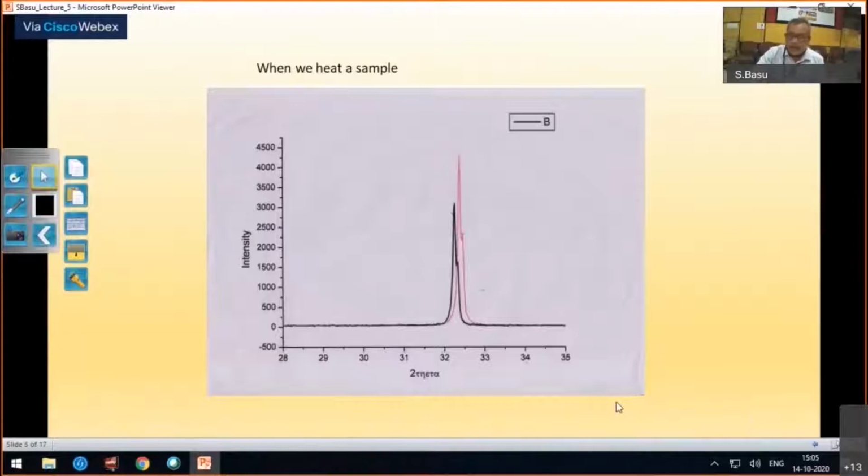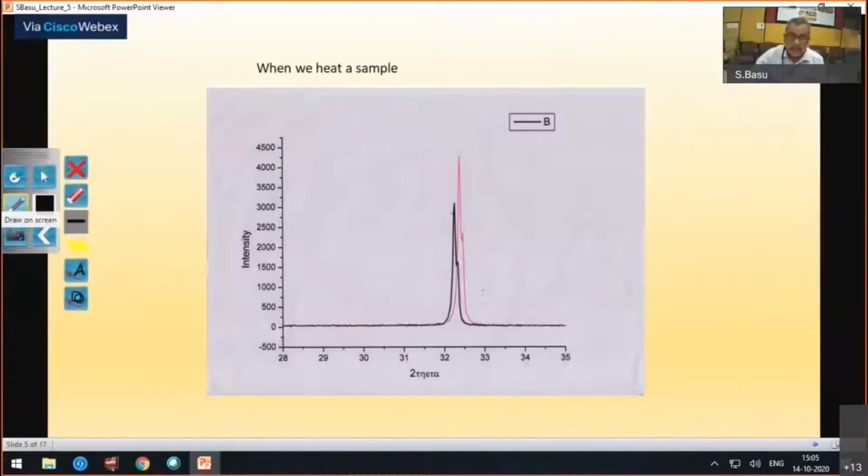When I showed you the experimental results on a silicon crystal, I showed you that with respect to temperature, the crystal expands. This is the q axis or the theta axis.